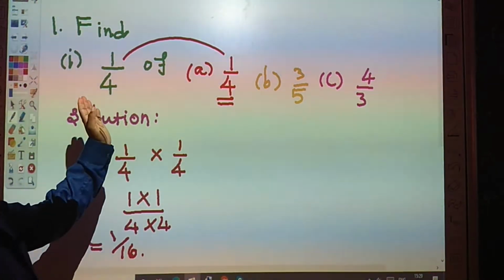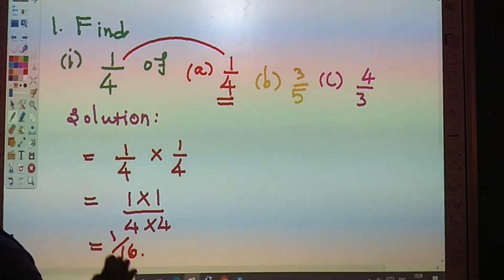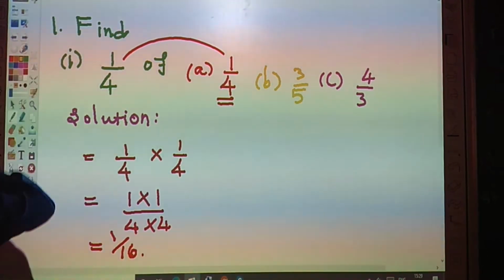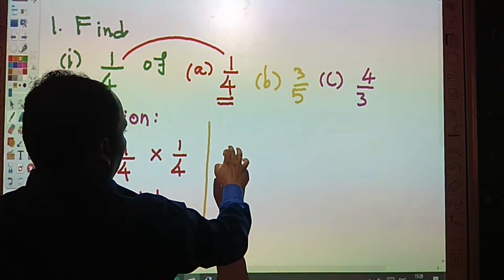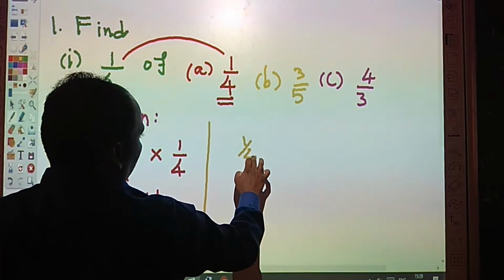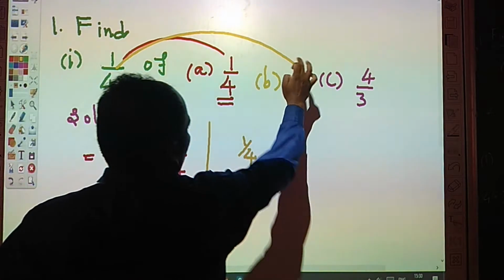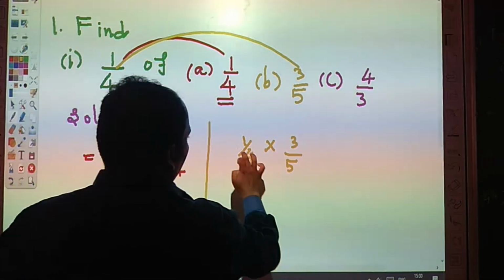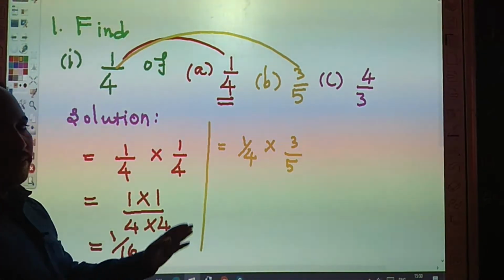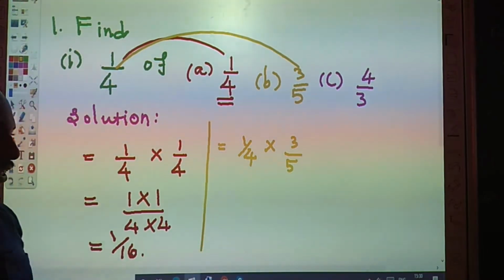The next one is 1/4 of 3/5. So 1/4 into 3/5. First we multiply the numerator into numerator.